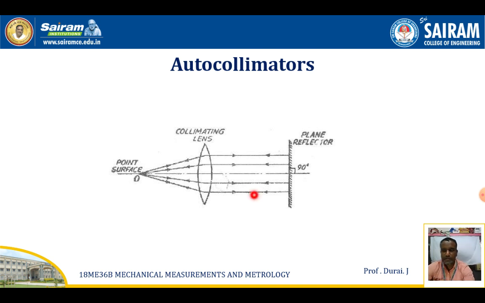Next we will see the working. A point on the surface, with the help of a collimating lens, sends parallel beams. Once the optical rays are sent, the beam hits the reflector, and the same path is reflected back and placed at the same point, which means there is no difference in the component.